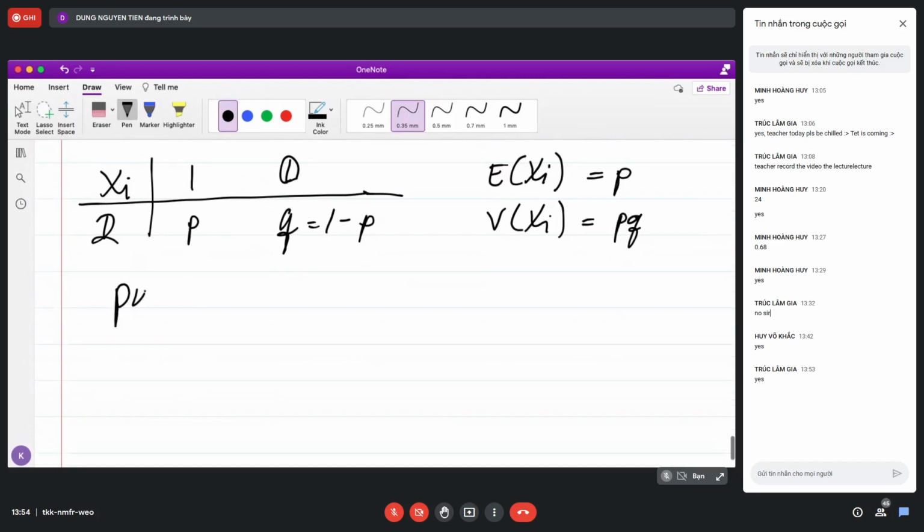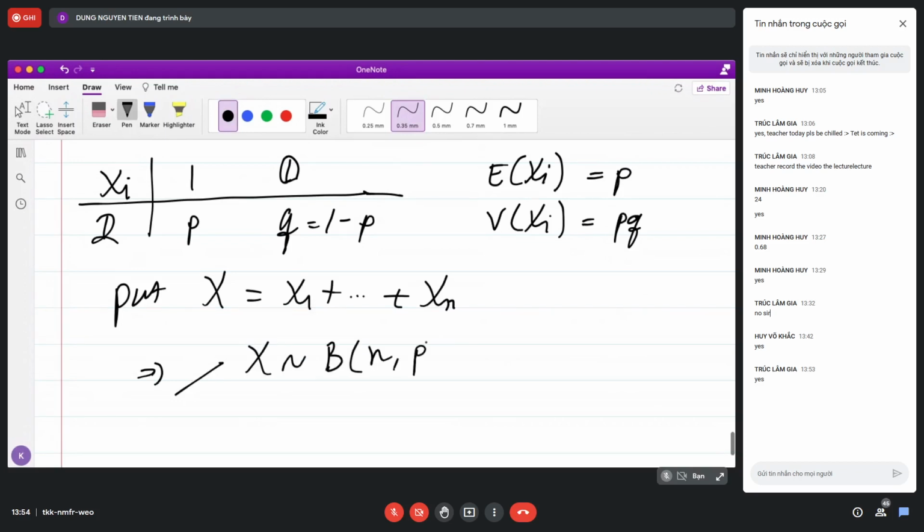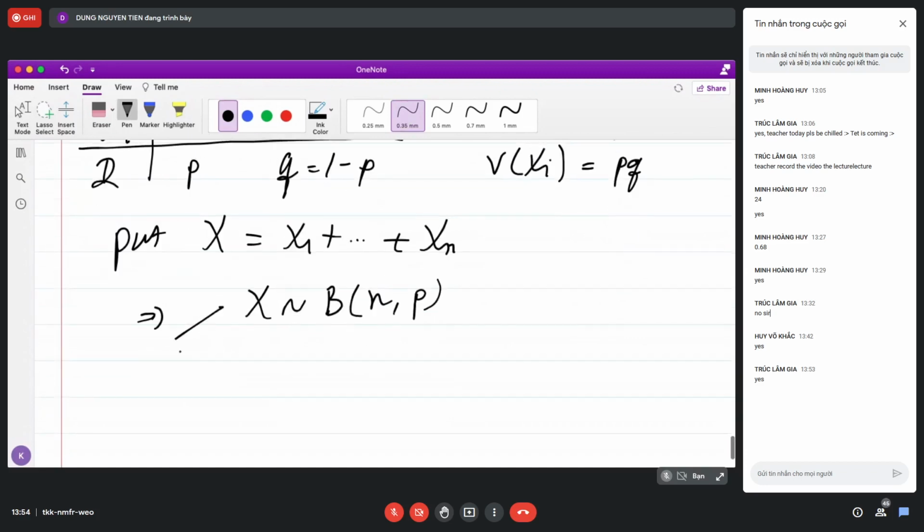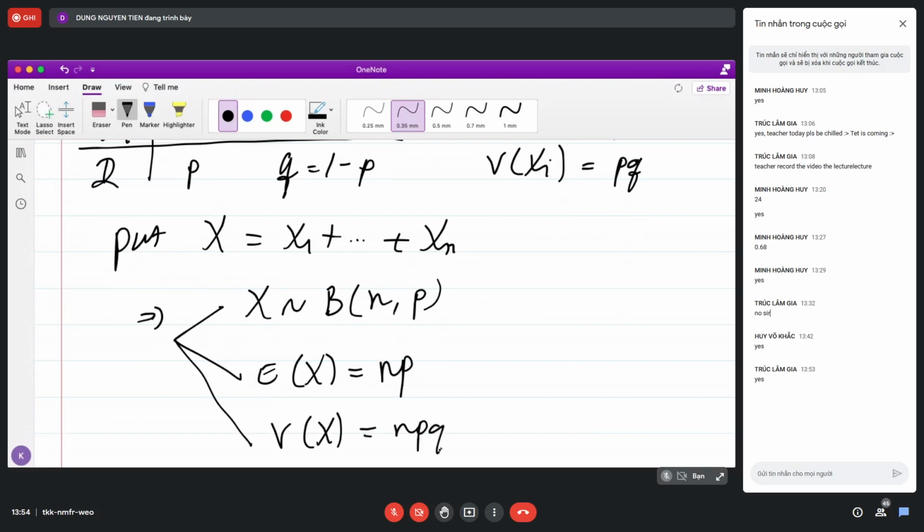Then I put X to be x1 plus up to xn. Then we can see three things. First, X follows a binomial distribution with n and p. Second, the mean of X is the sum of the means, so you get n times p, and the variance of X is n times p times q.